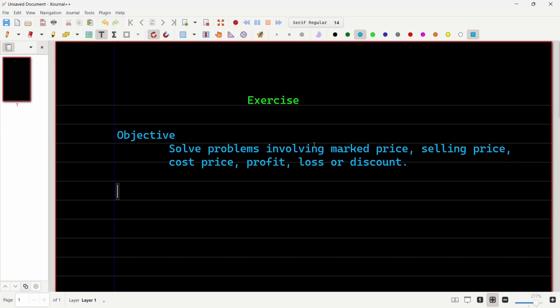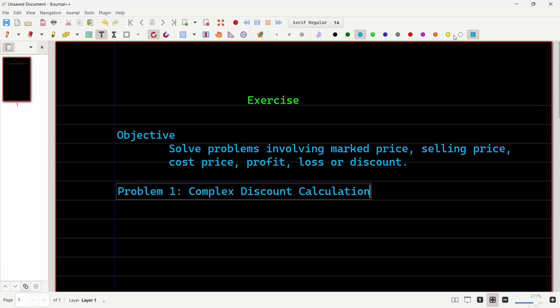So the first problem that we're going to look at, problem number 1, is going to deal with complex discount. You know what, let me just put this here. So problem 1, and we're going to call this a complex discount calculation. I'm going to put this in yellow, and then I'm going to put the question in white.